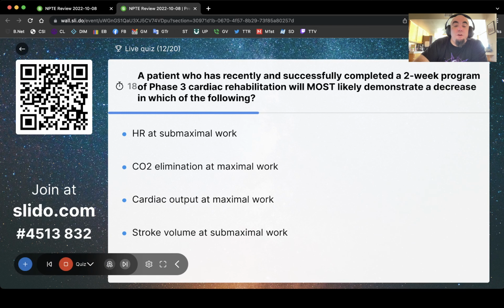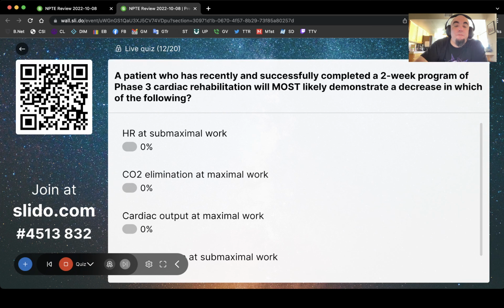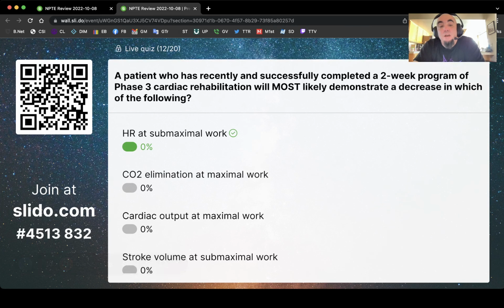So in this case, they're already at phase 3, so they're getting fairly far along in their cardiac rehab, right? And so at that point, their heart rate itself should not raise as much when they're just doing submaximal work. So they're in that low MET range or that low RPE range.